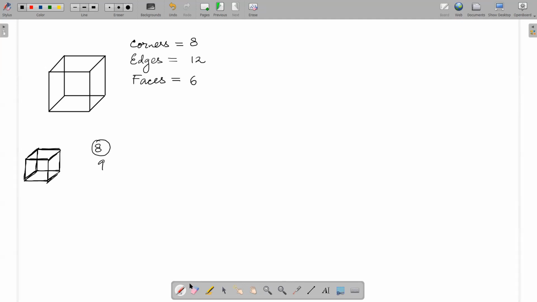Okay. Now you have got corners, edges. Now tell me about diagonals. How many diagonals? Are we saying 4? Okay, Mariam.